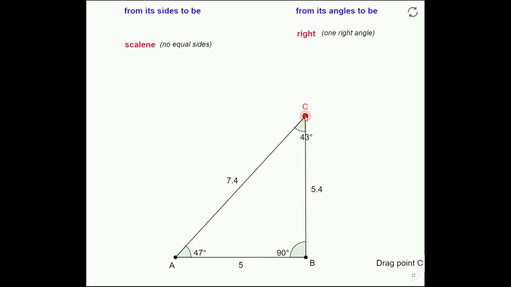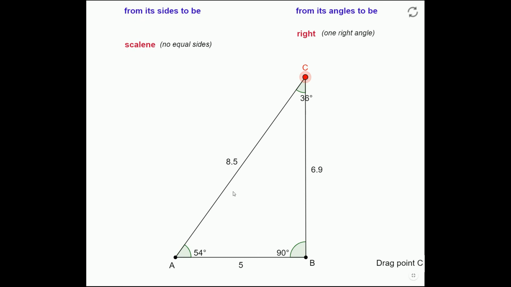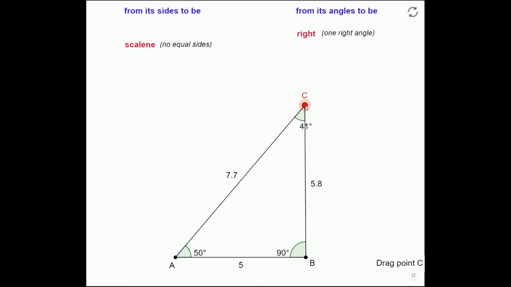And in a right triangle, the two acute angles always have a sum of 90 degrees, 54 plus 36, so 41 plus 49. They are not equal to 45 degrees each. No, they are not equal. Here they have different measures. But the right angle here is always 90 degrees in order to call it a right triangle.